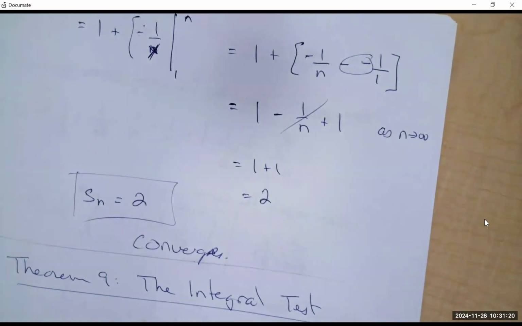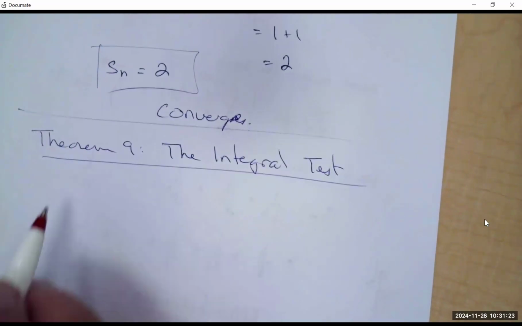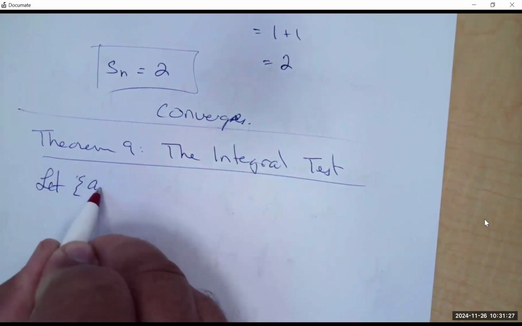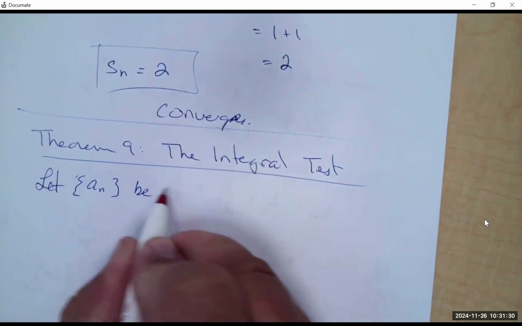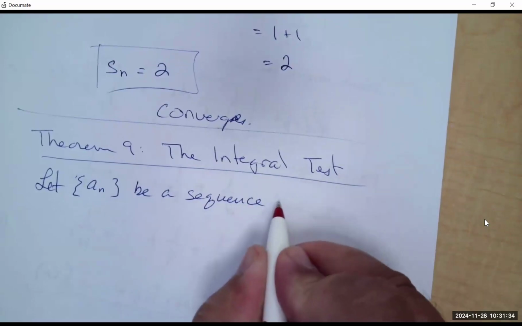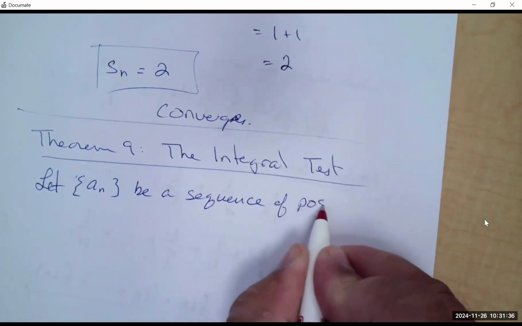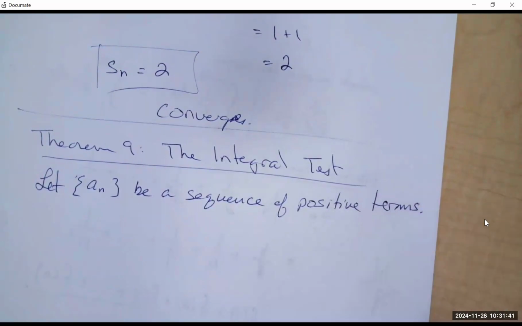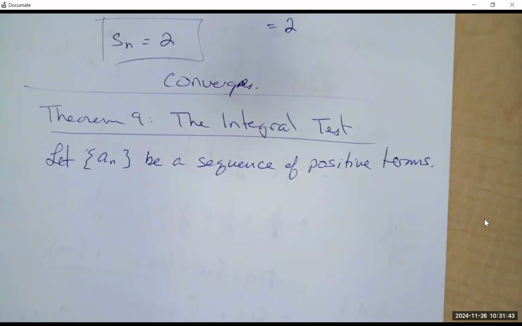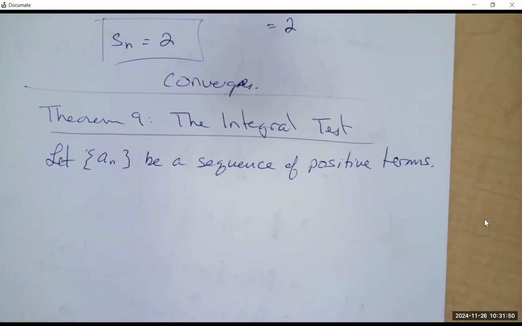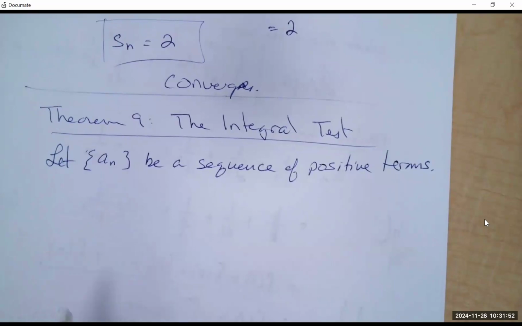All right, so the integral test says this. Let the sequence a sub n be a sequence of positive terms. Remember, when we talked about it earlier, we said it had to be non-negative values. So we're stating that again. It's got to be a sequence of positive terms.